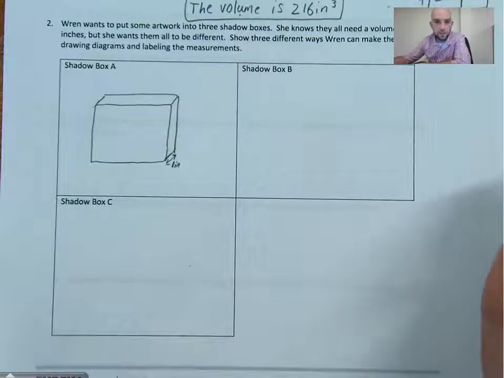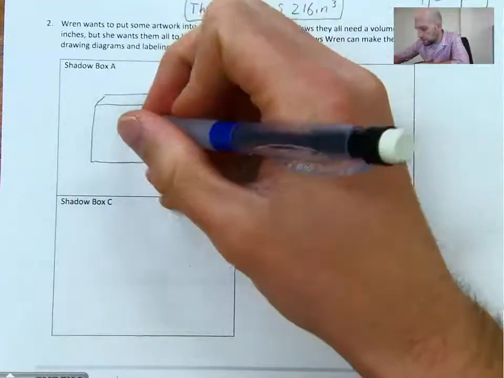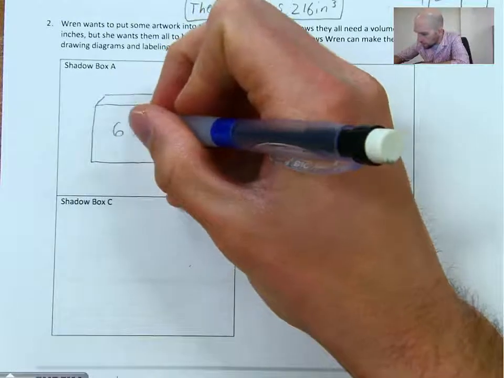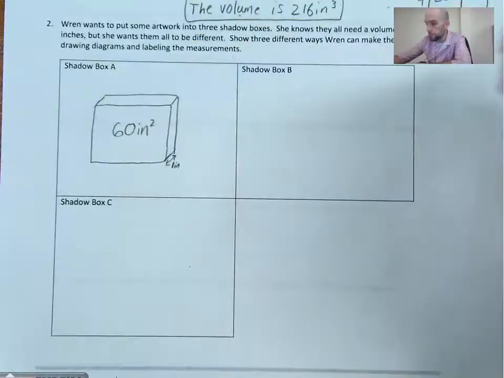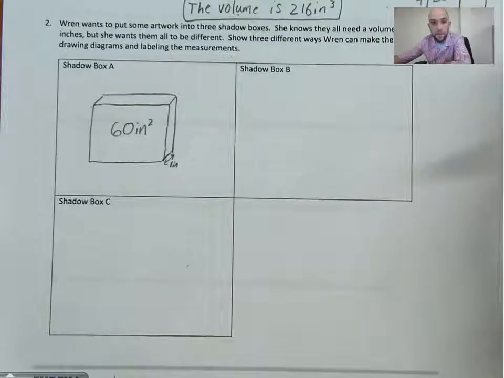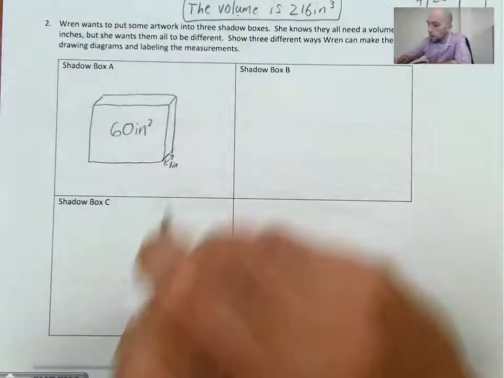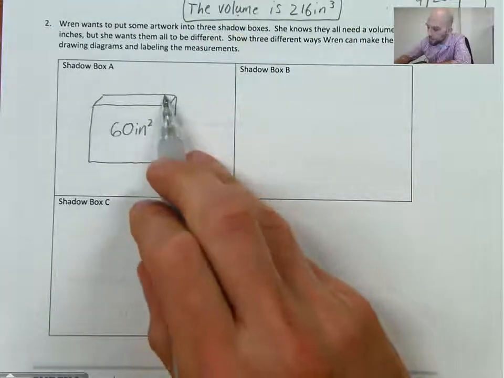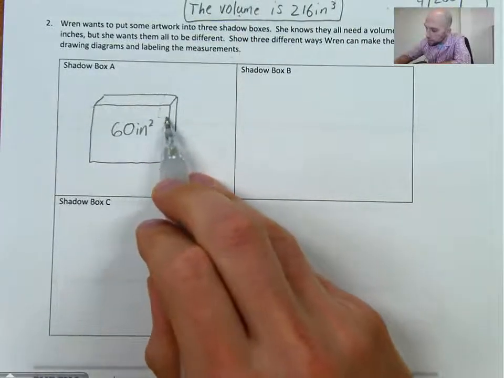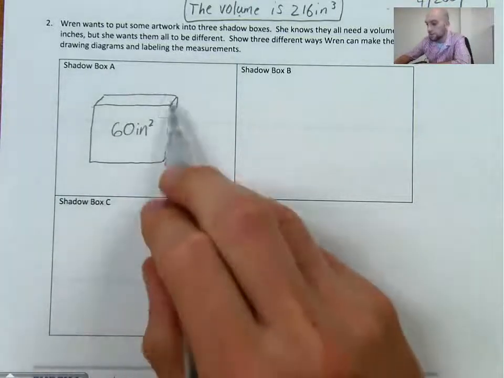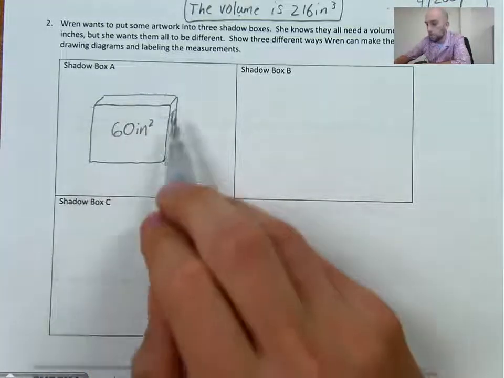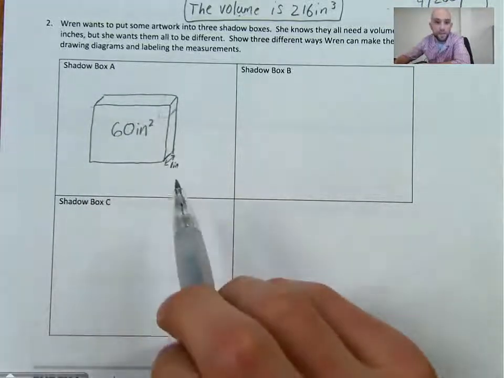So if that's 1 inch, I know that this surface needs to be 60 square inches in order to give me 60 cubic inches, because when I multiply by my width, my number won't change. I'm multiplying by 1. You can imagine little 1-inch cubes here. The amount of area on the surface is going to be the same number. The number of squares I have on the surface will be the same number of 1-inch cubes I have beneath the surface there.